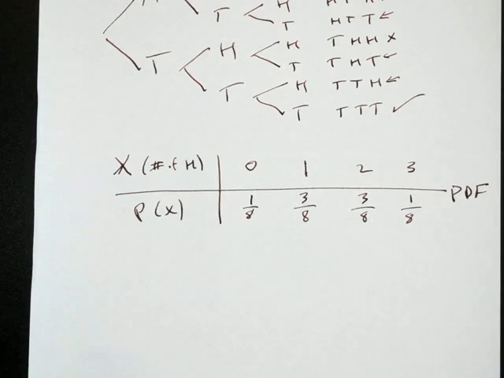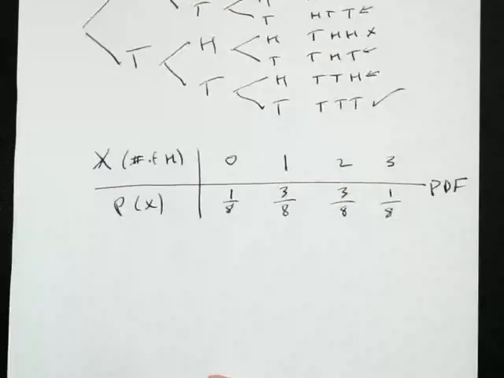In one sense, this very much looks like a frequency distribution. Only instead of just counting how many, 1, 3, 3, 1, we've counted out of 8s. That's a huge hint to me that really underlying this probability distribution is a frequency distribution.